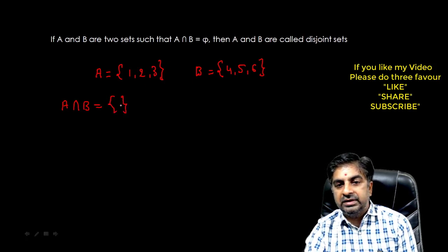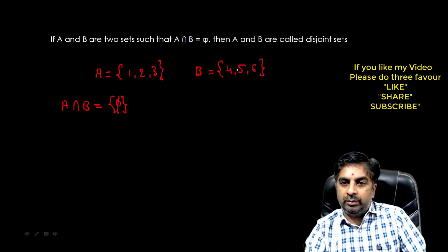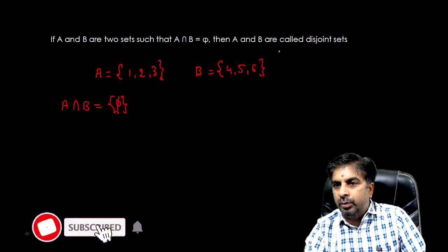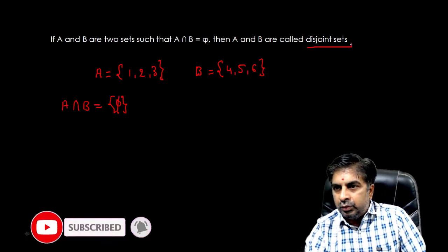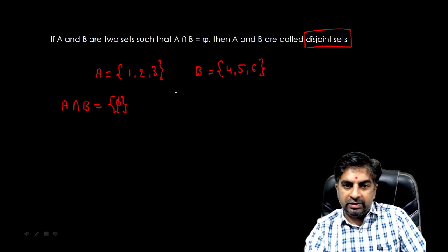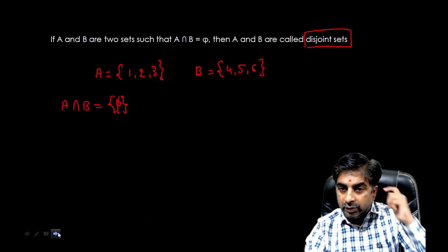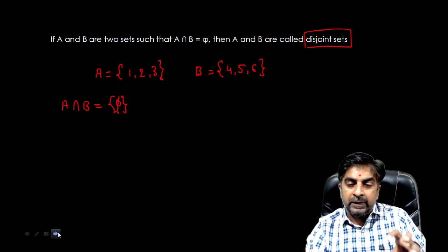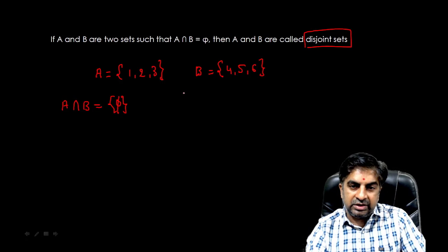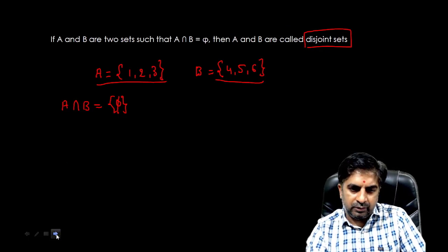That will be the null set. No elements are common between A and B. When no elements are common, you can call those two sets disjoint sets. It is given in your textbook also. I have already explained it in our different types of sets video, but please keep this in mind because it is given in this explanation part and will be useful somewhere.